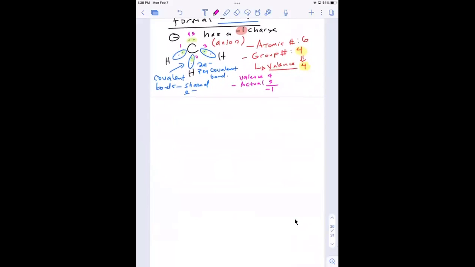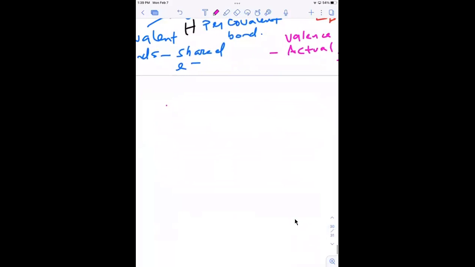For that, we're not going to do formal charge. We're just going to use a metal like magnesium. If I have magnesium, what group is magnesium in? Look at the periodic table and tell me what column it's in, what the number over top of that column is. It should be to the far left, right next to sodium or lithium.